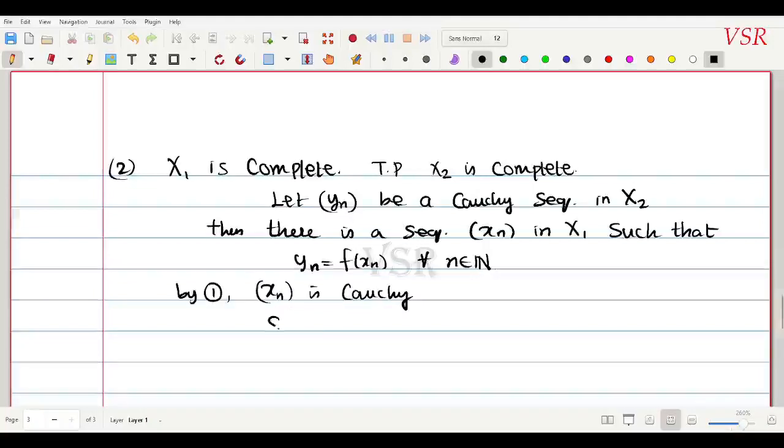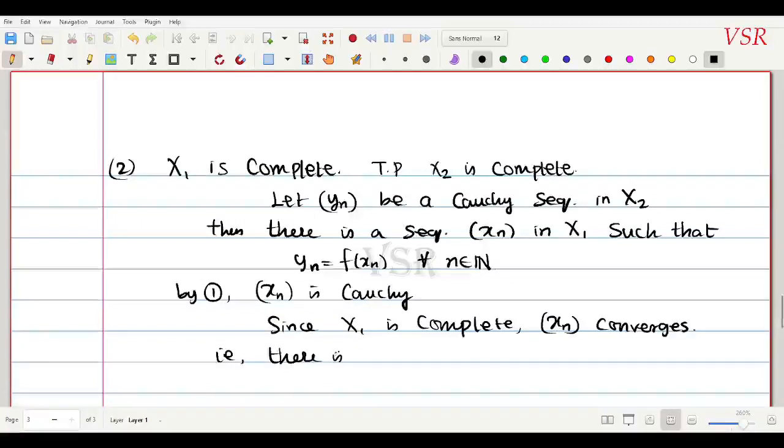Since X1 is complete, we have xn converges. அப்படின்னா அர்த்தம், there is some x naught belongs to capital X1 such that xn converges to x naught.